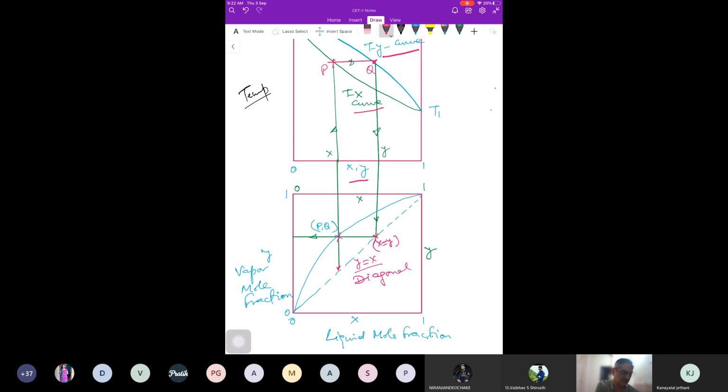So take a vertical line from the ty diagram to the diagonal line, and then take a horizontal line to the y axis. Is this understood? Yes, sir. So now you know how to draw the pressure XY diagram, temperature XY diagram, and XY diagram or equilibrium curve.